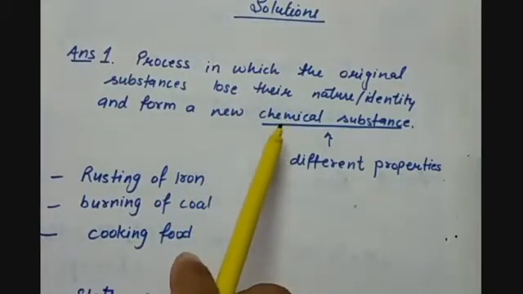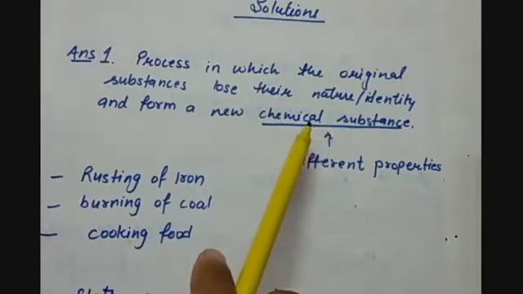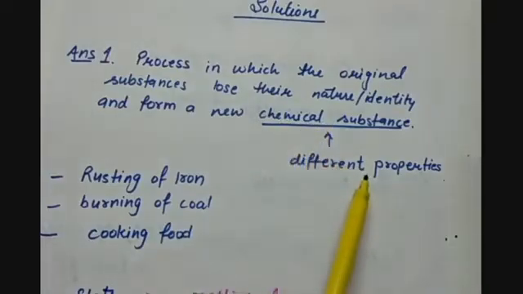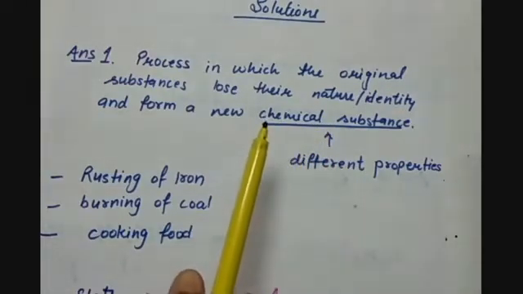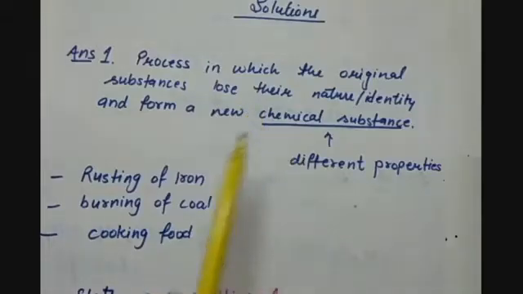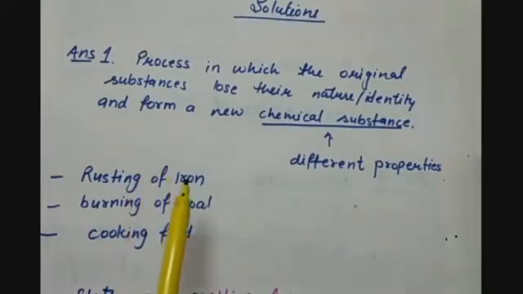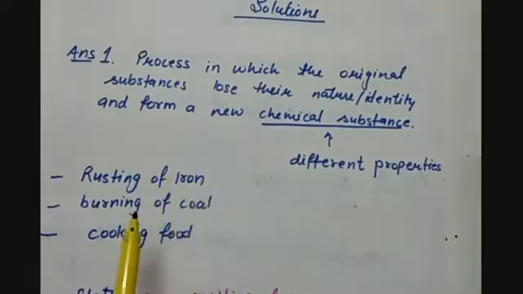And here the new substance formed has totally different properties than that of the reactants. For example, rusting of iron, burning of coal, cooking of food. All these are different types of chemical reactions, where a new product with different chemical properties is formed.